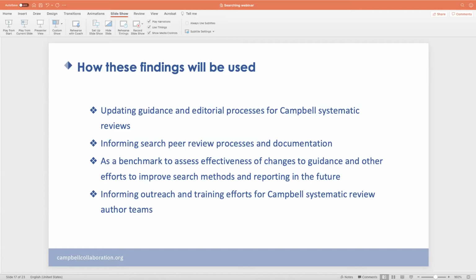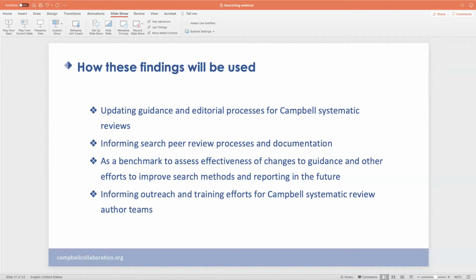As far as how the results will be applied, we're really interested in thinking about how these findings can be put to use to improve or update guidance, as well as the editorial processes for Campbell systematic reviews. And in particular, we're interested in how this work might inform the search peer review processes that Ciara mentioned, and the documentation that goes along with that.